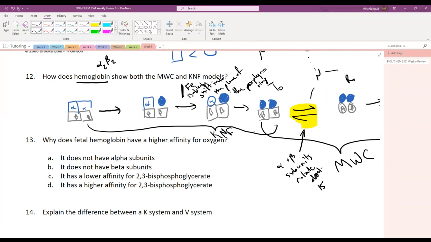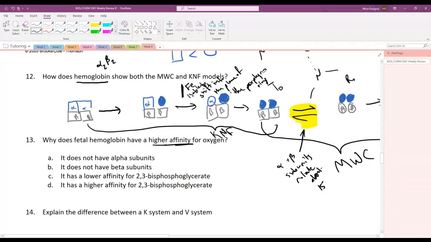One of the really important things with it is it has to have a higher affinity for oxygen, because in order for the mother or the person carrying the child to give them oxygen, that oxygen has to be able to dissociate from the hemoglobin of the mother into the child's bloodstream.